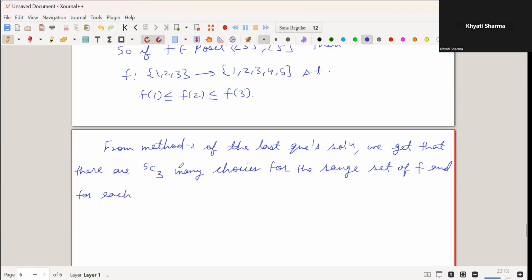for each such collection, there is a unique order preserving f.